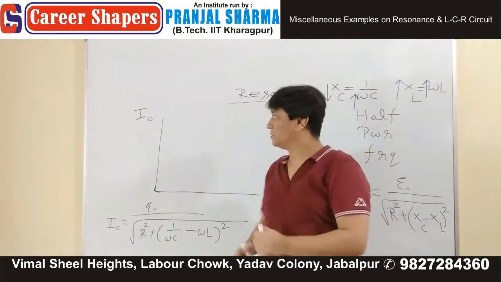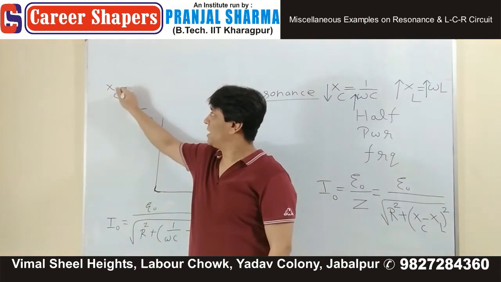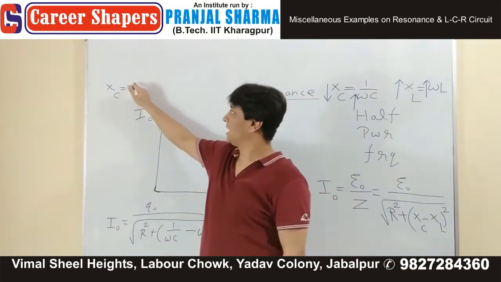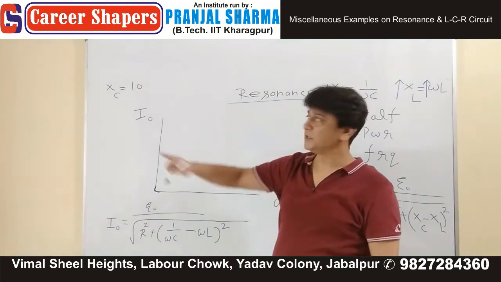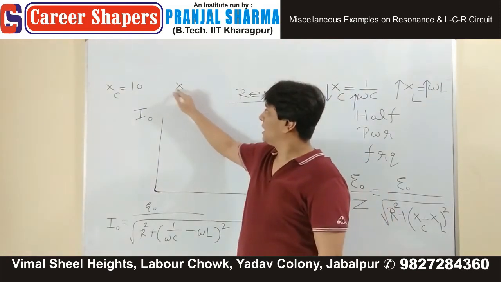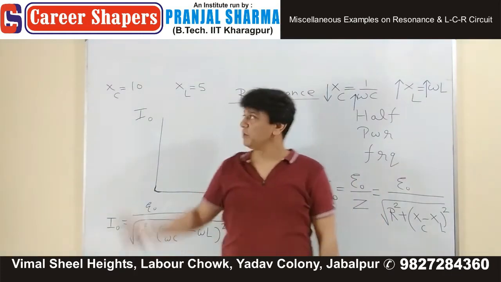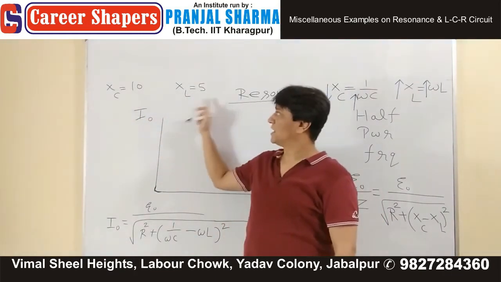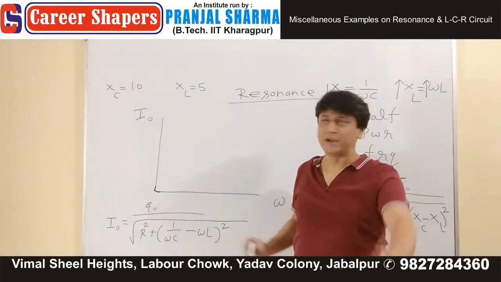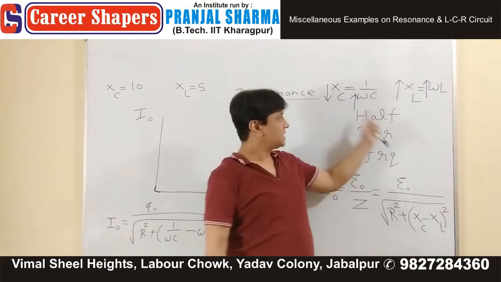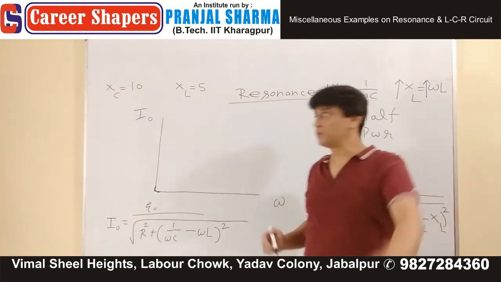So what is going to happen? Suppose for a given value of omega, XC, let's say is 10. You will understand better with the help of these numerical values. And XL was 5. For a given value of omega, we found this. So what is XC minus XL? 10 minus 5. 5 square is what? 25. But now, as I increase the omega, what is going to happen?